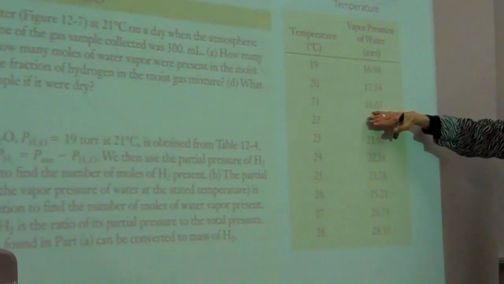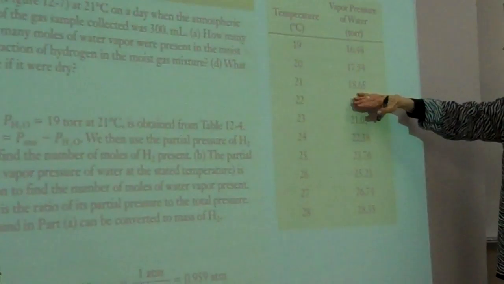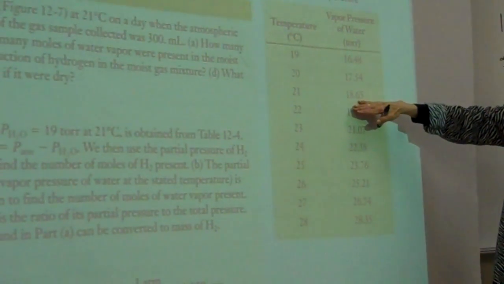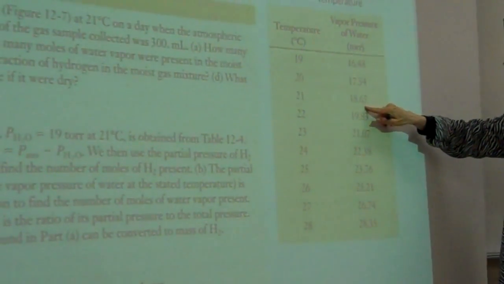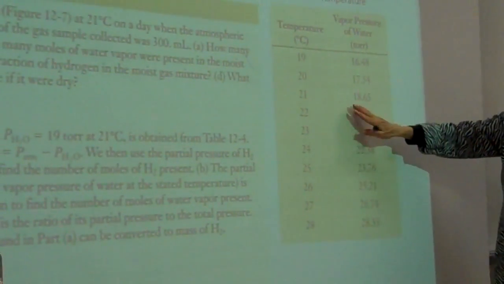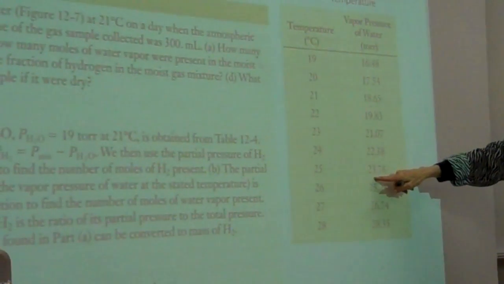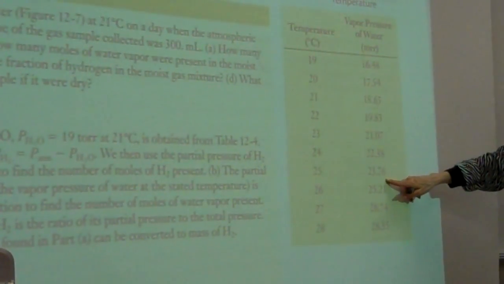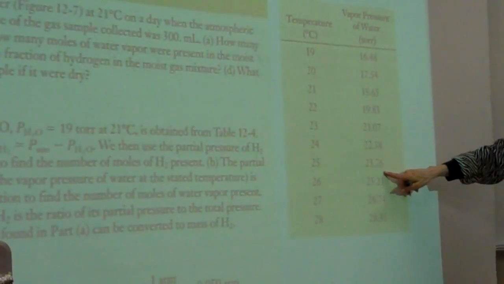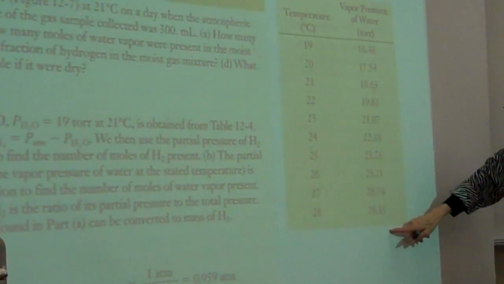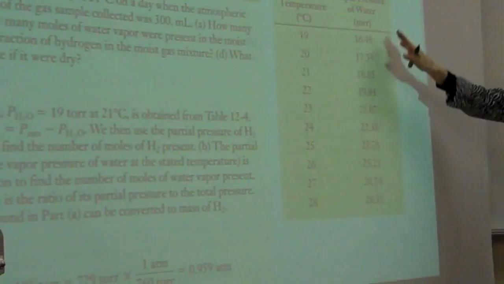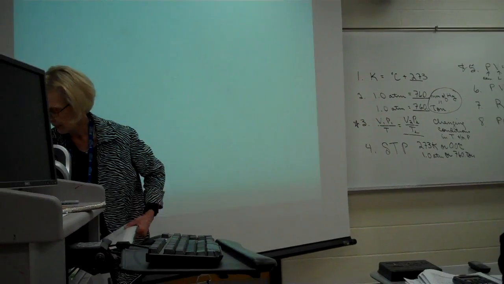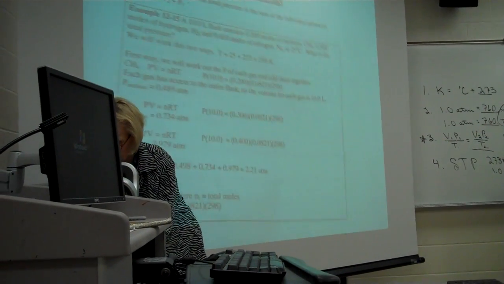Okay, it says the water contributes this much. Now, in the problem, I think it rounded that perhaps to 19 instead of having that many decimal places. Do you see? Doesn't it make sense? If you're working at a higher temperature, more water is going to evaporate, and more water, more pressure in there. And so you have to look it up. Okay, so let's say you don't have that available on test day, but it's going to be in the problem.